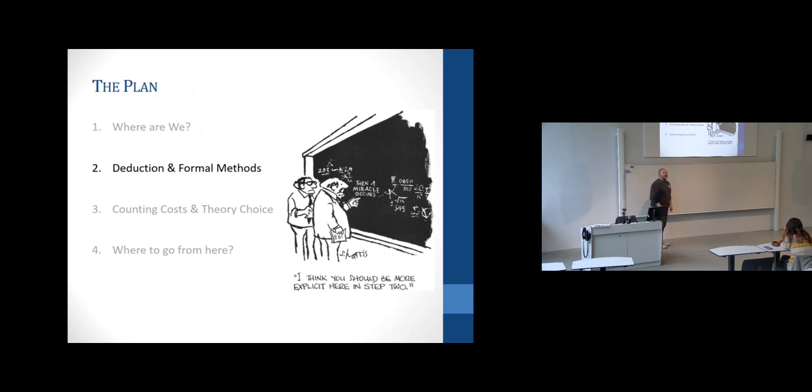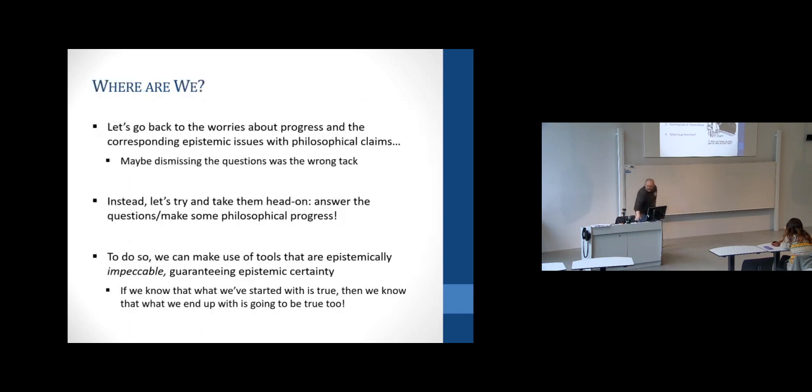And why is it how to do philosophy well? Because it gives you this. Any epistemic worries you might have about your claims go away. Because you know, if the stuff we started with is good, then these philosophical conclusions I have derived are also good. Now, of course, you can already start to hear something worrisome there.